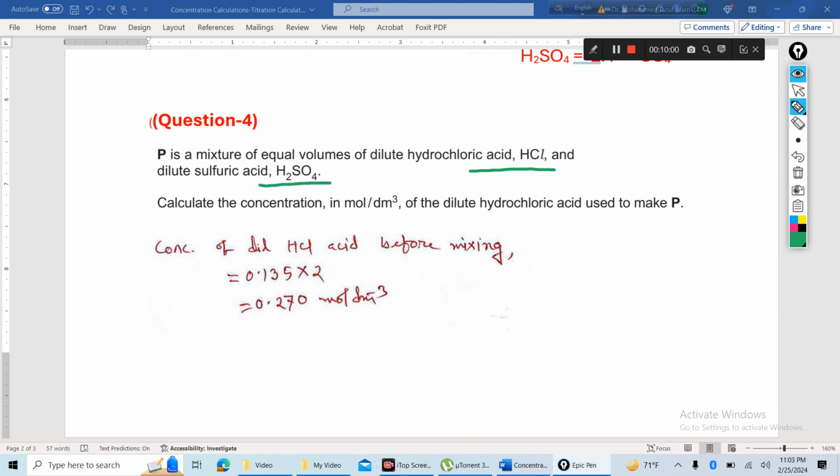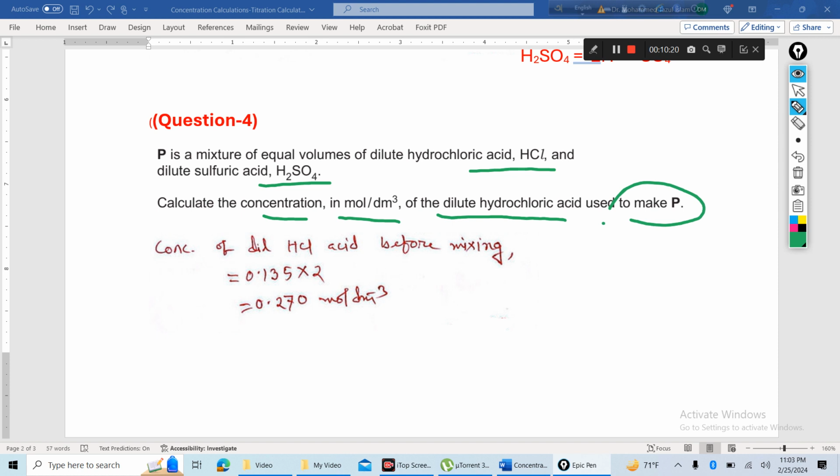So calculate the concentration in mole per dm³ of dilute hydrochloric acid used to make P. And you know, when you add equal volumes, their concentration will be half.